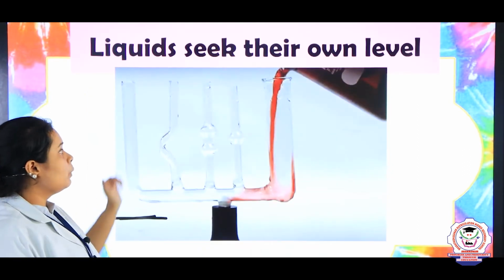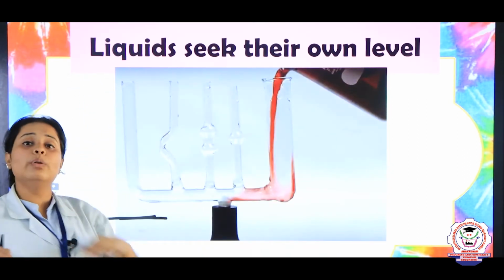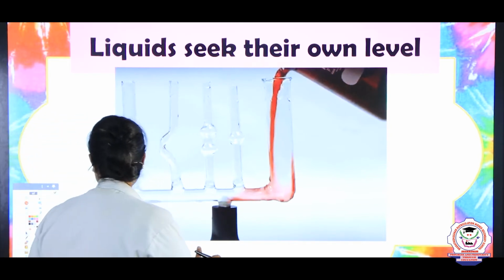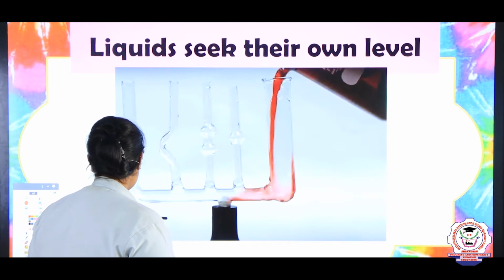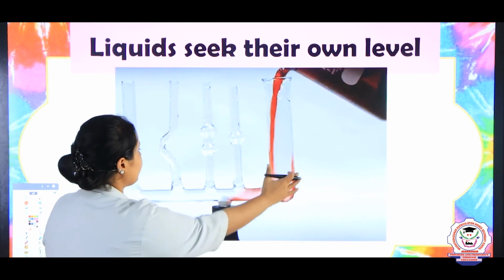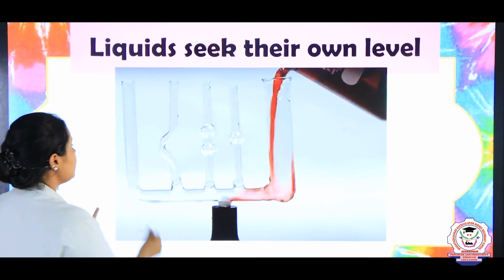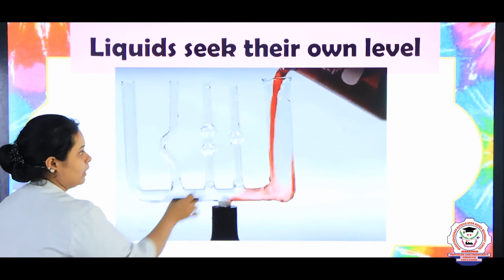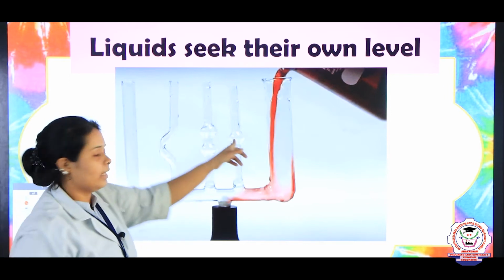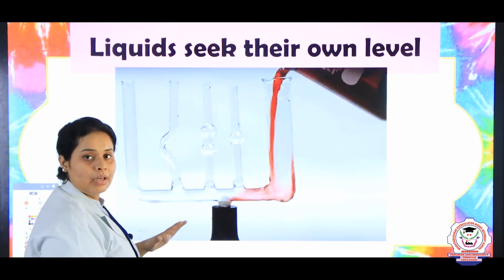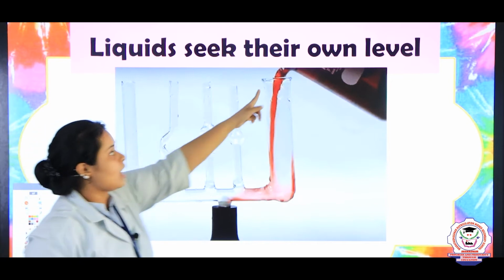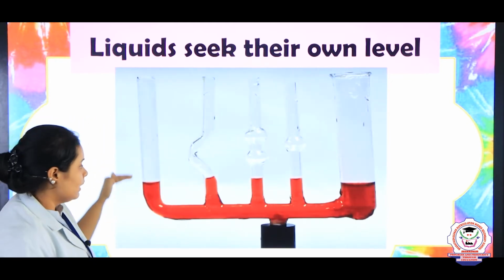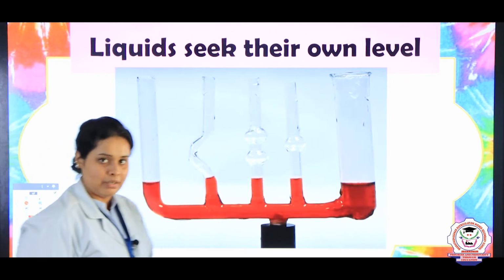So let us see what "liquid seeks its own level" means. For that also there is a very similar, very small experiment. Okay? So here we are taking a tube. In this there is a normal long tube, then a C-shaped one, then a bulging one and then another bulging one. Okay? So now in this I start pouring my liquid. When I am pouring my liquid, you will see that an equal level is obtained, right.